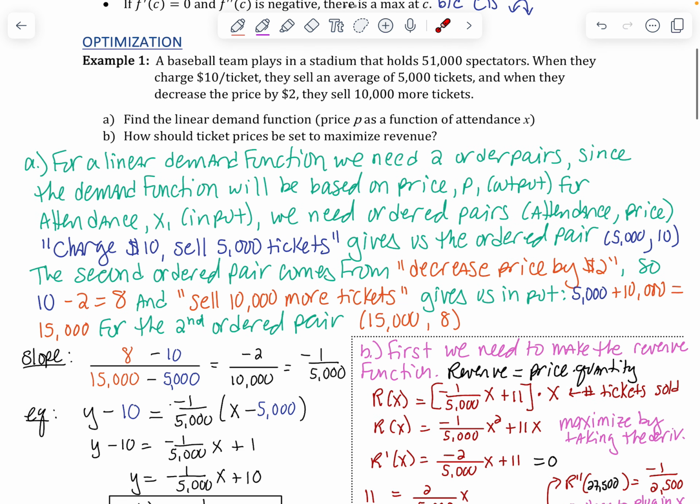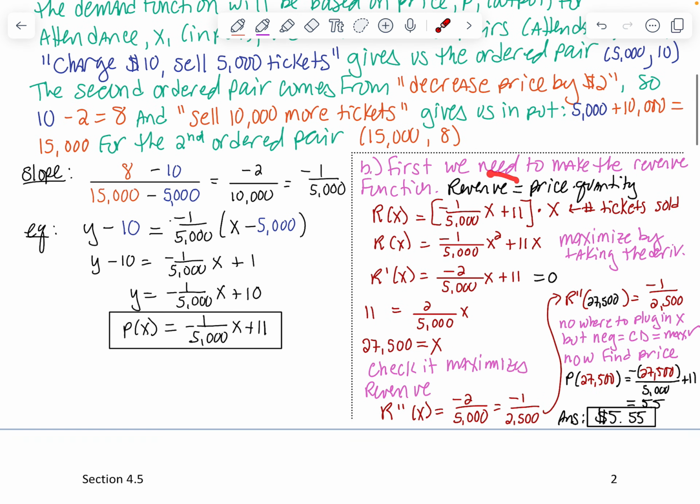So now part B says, how should the ticket prices be set to maximize the revenue? So our goal is to maximize revenue. We don't have a revenue function, so we need to make one. The formula for a revenue function is whatever price you have, that's why we needed price to be the output, times how many tickets you're selling.